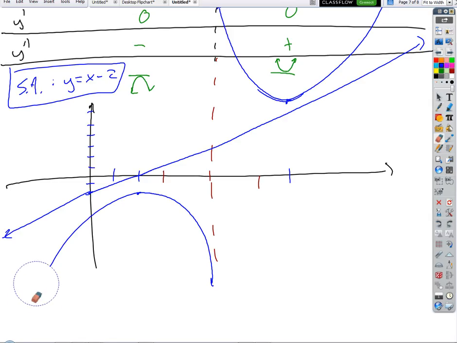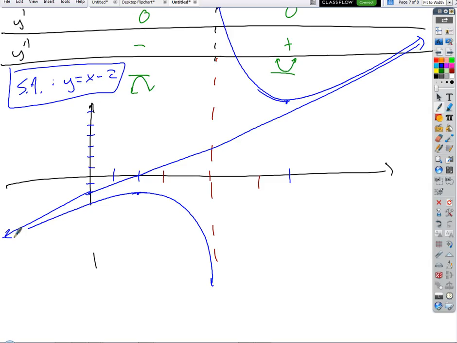We can go back down here now and do this. Over here, this one's just going to go like that, and this one's going to go like this. It's going to gradually approach that asymptote. So that gives us a little more accurate picture.